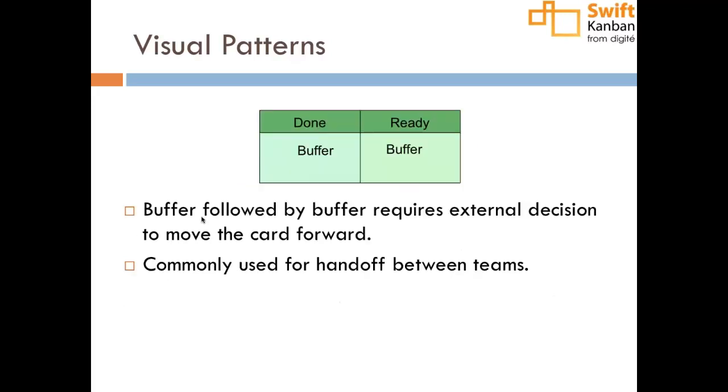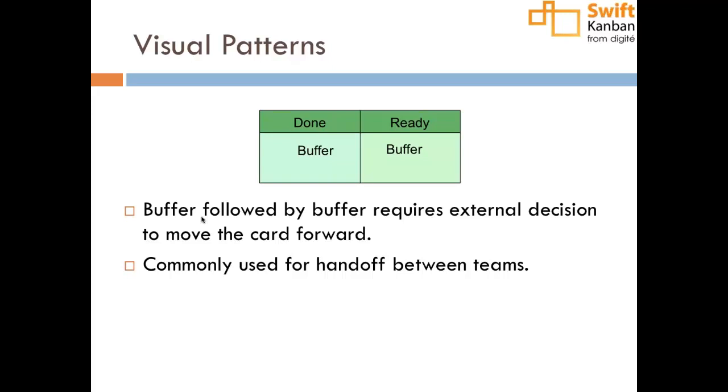Okay, now another pattern that is of interest is two buffer columns next to each other. The place to use this particular idiom is where, let's say, I have a design or development team, and I have a separate QA team.